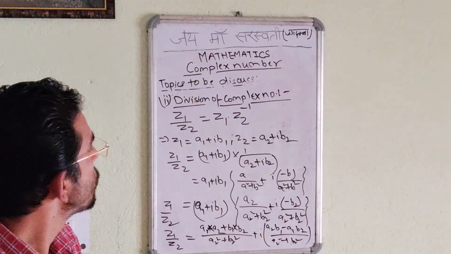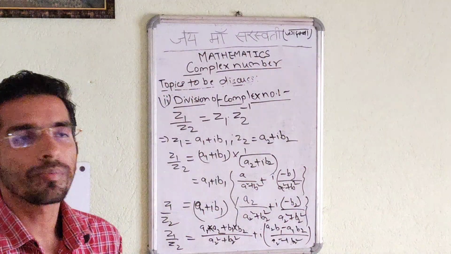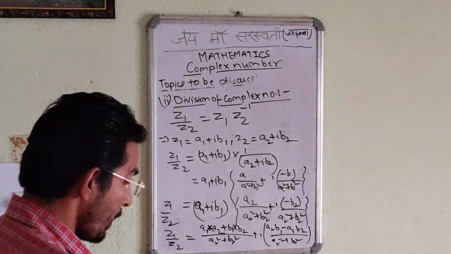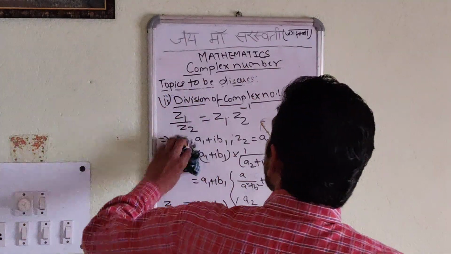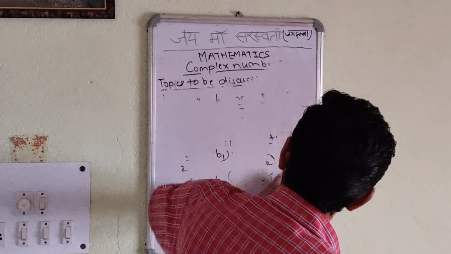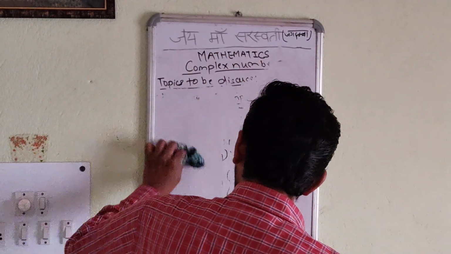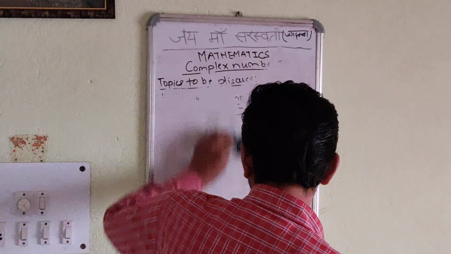Now we will move towards the next topic, that is conjugate of a complex number. Basically, the conjugate of a complex number comprises various types of properties.